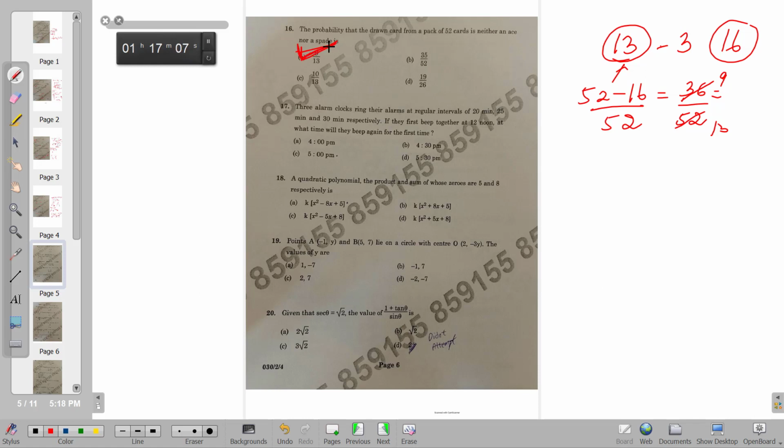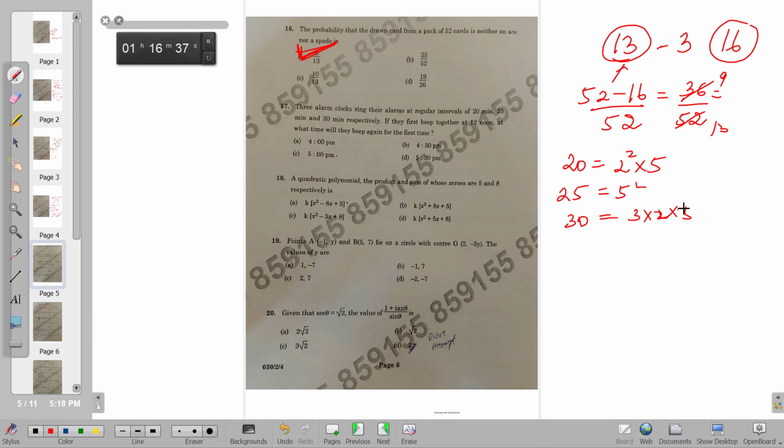Next one. 3 alarm clocks ring their alarms at regular intervals of 20, 25, 30 minutes. They first beep together at 12 noon. At what time will they beep again together for the first time? You need to find the LCM of 20, 25 and 30. 20 is 2 square into 5, 25 is 5 square, and 30 is 3 times 2 times 5.